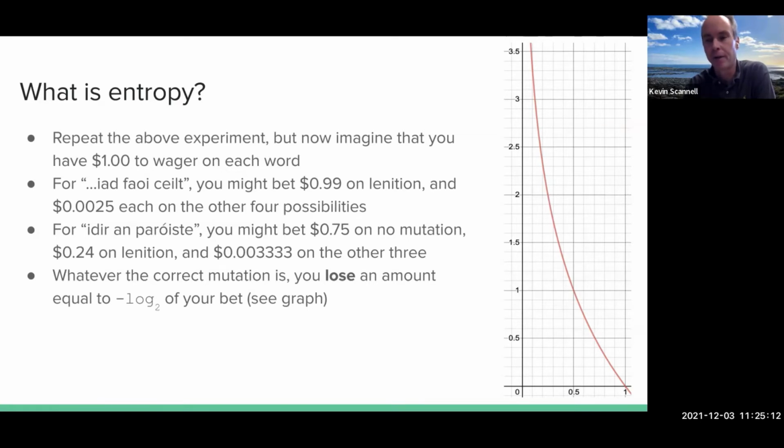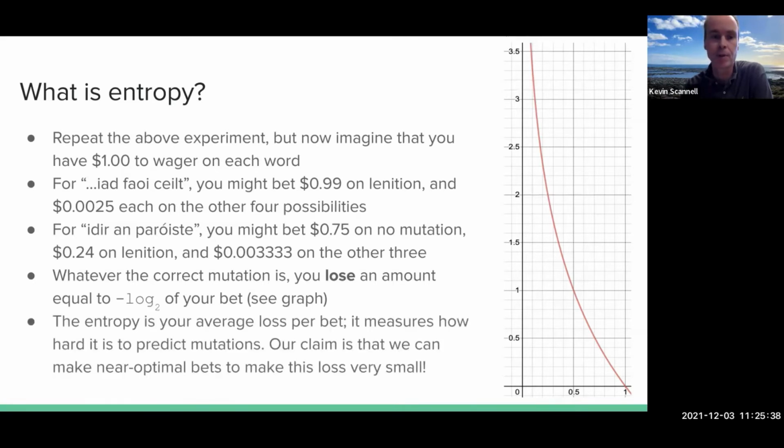And I have the graph here. If you forget your logs, what this is saying basically is that if you put most of your money, like 99 cents, and you're correct, you lose nothing, or virtually nothing. If you bet 50 cents and you're correct, it's a one dollar loss... sort of break even. If you make a very small bet, and it turns out that was the correct mutation, you lose a whole bundle of money.